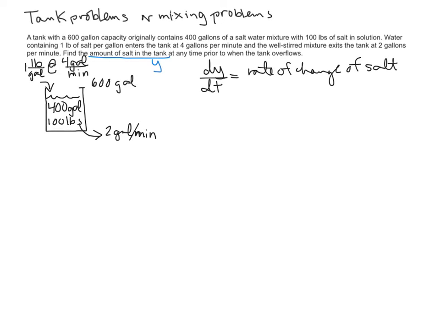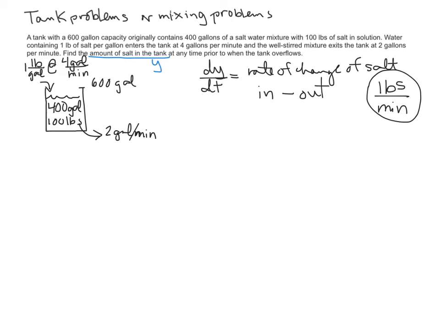And the way that we're going to look at this is we're going to look at the rate of change of salt coming into the tank minus the rate of change of salt that's going out of the tank. And if you also look at these variables themselves, notice that y is in pounds and t is in minutes. And this to me is key.